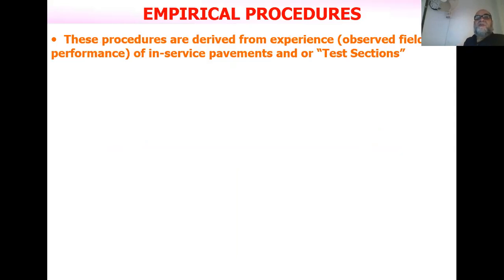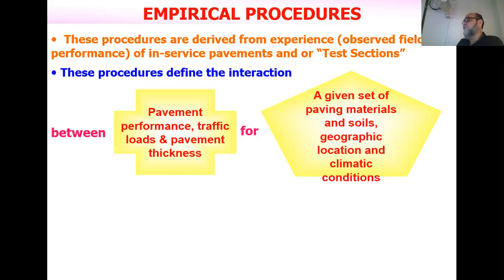The empirical approaches are derived from experience. In terms of in-service pavements or test sections, people have constructed a test section and subjected it to some loads, and obviously there are some constraints on it, and they come up with this: if you design a pavement like this on this type of soil, these are the thicknesses, based on their experiments.